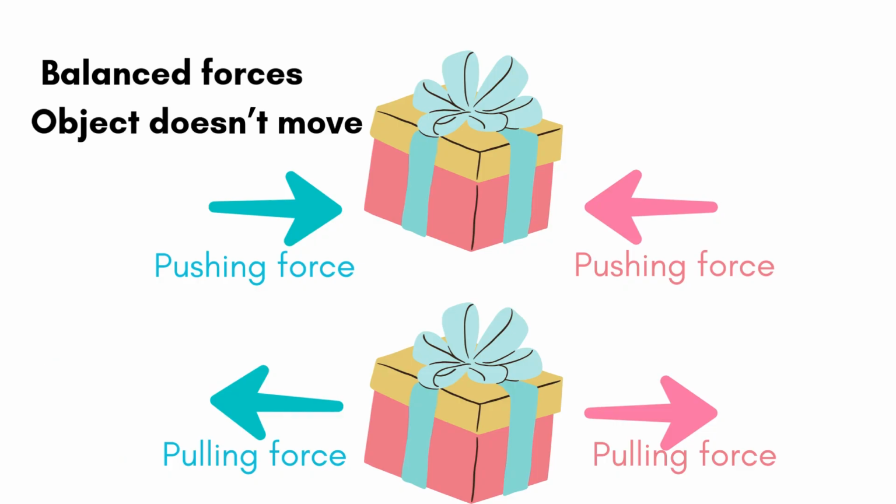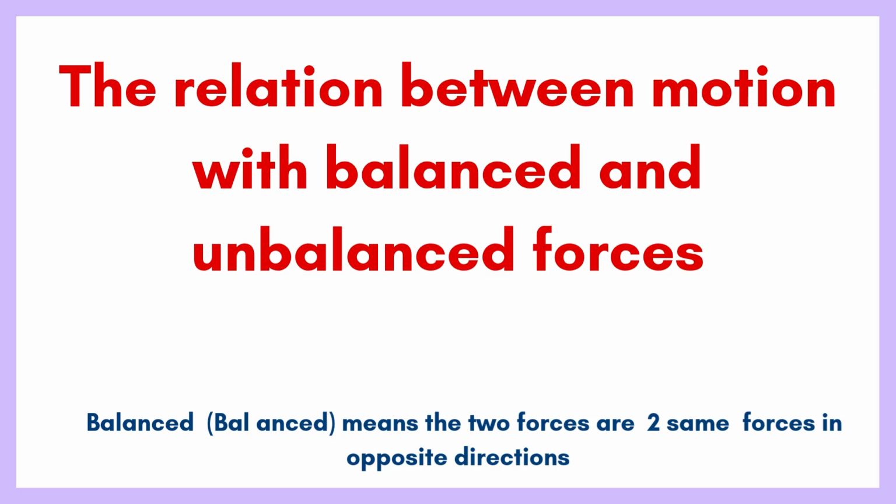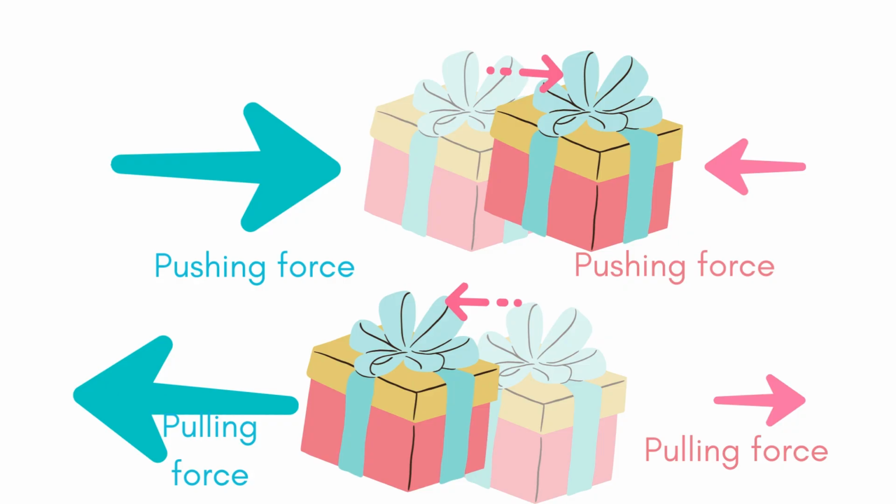So if the forces, whether they are pushing forces or pulling forces, are equal to each other and in the opposite direction, the object will not move. And this is called balanced forces. But here, the object is affected by two forces.